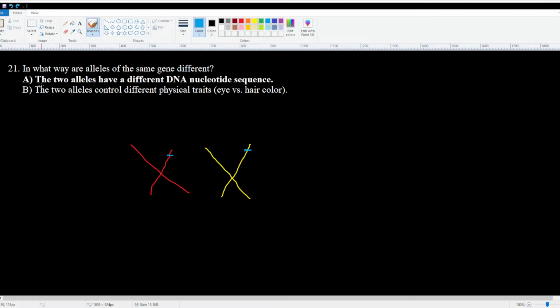So notice, if dad has brown eyes on this allele and mom has blue eyes on this allele, that means these two regions cannot be identical. They're the same coding regions and code for the same physical trait. However, they're different, so therefore they have to have something different about them. So what is different about them? The nucleotide sequence. So the answer would be A.